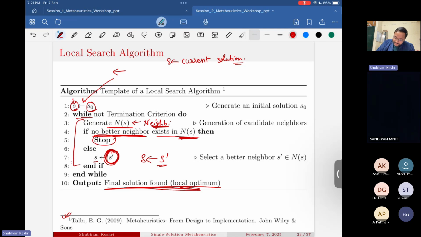Okay, and then repeat. Generate the neighbor of this new current solution. Check if there is a better solution. If not, stop. If yes, move to that solution. Okay, so this is how the algorithm has been written. Any doubt?